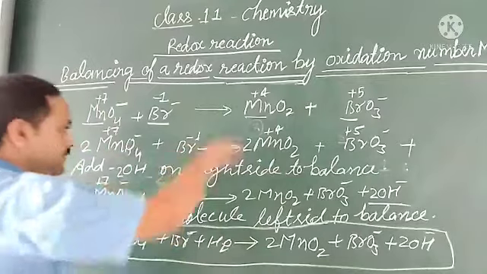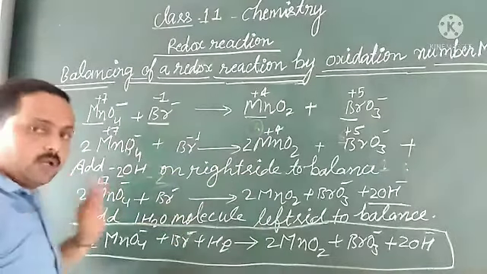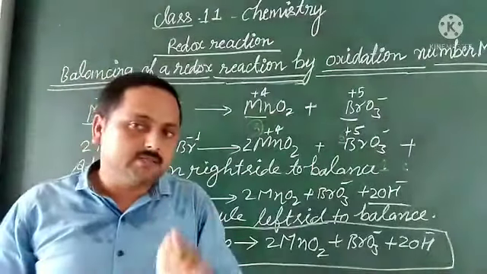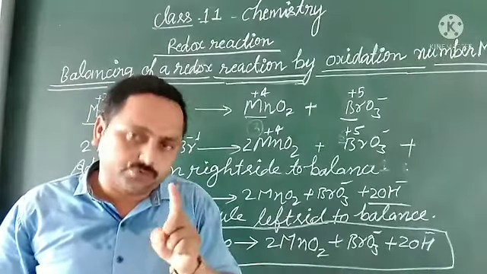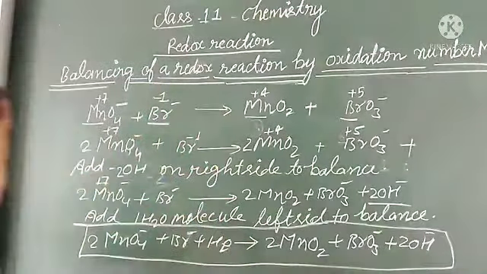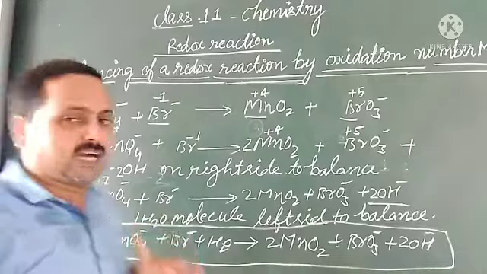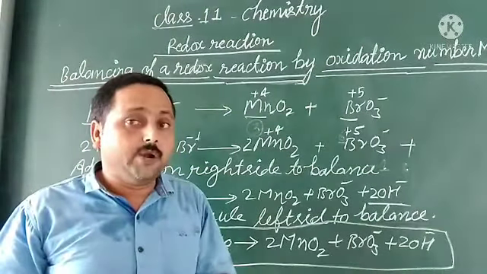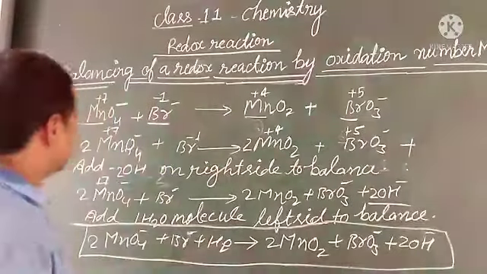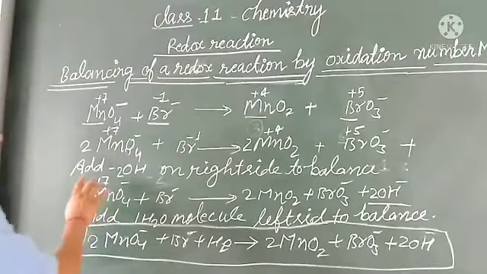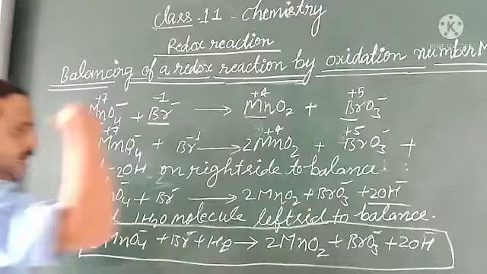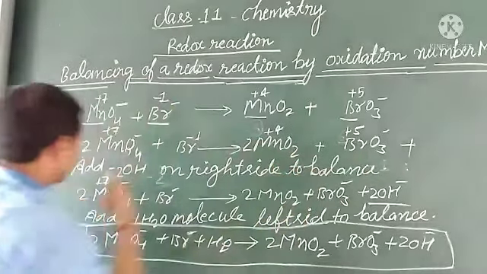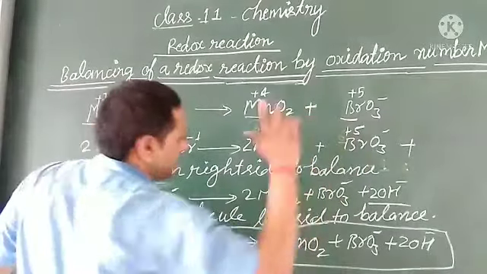So it has made the increase in oxidation number and decrease in oxidation number equal. Next, to balance the charges, being a basic medium, we have added OH minus. We have added 2 OH minus on that side, and that has balanced the charges.